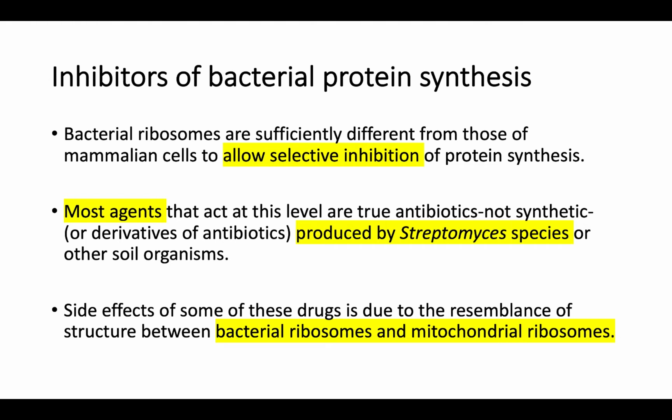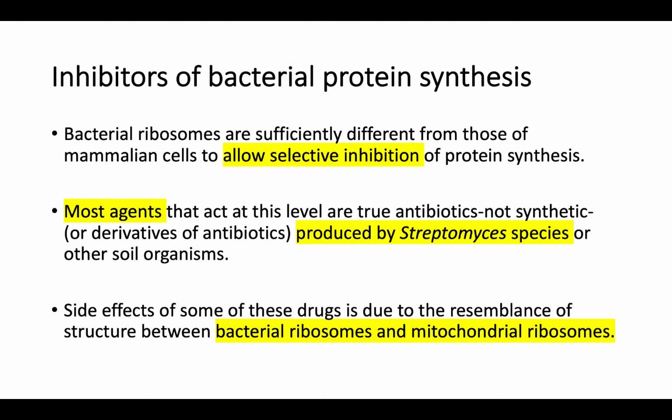That's why people often say that our own mitochondria are actually derived from prokaryotes, from bacteria. So we have bacteria in all our cells, the mitochondria. As our cells divide, the mitochondria also divide. They have their own ribosomes, their own DNA.